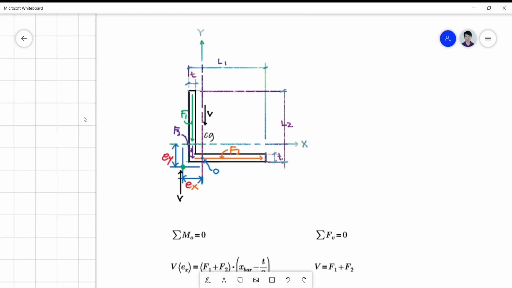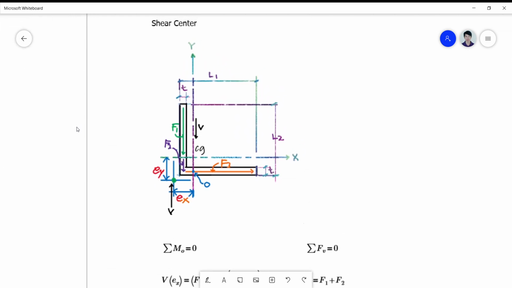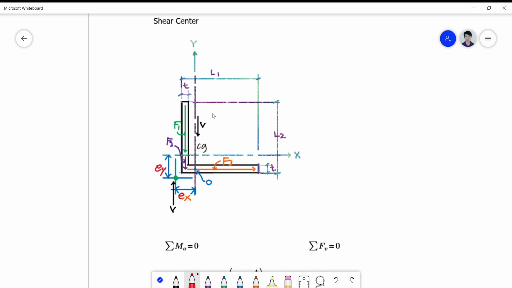As I said a while ago in my previous video, the shear flow for a certain shape, whether it's a semi-monocoque or, by the way, a monocoque shape, is something like a shell or a part of a shell.